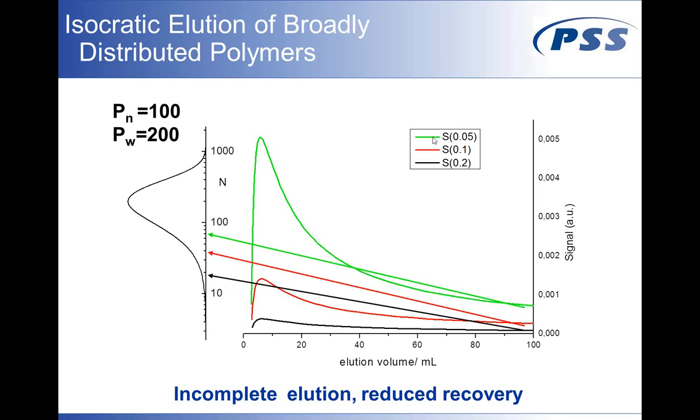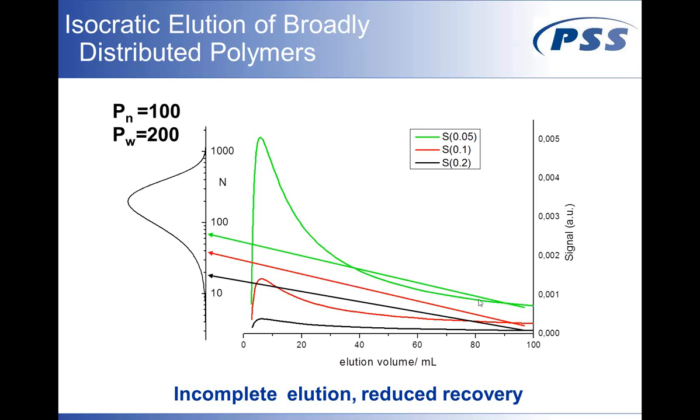If you now have these very weakly adsorbing conditions, 5%, where the retention of the isolated repeating units is just 5% longer on the column than the solvent, then you will see that basically at a degree of polymerization of 60 or so, you have already a very long retention. Even at a degree of polymerization of 60, your retention time is in the order of 100 milliliters.